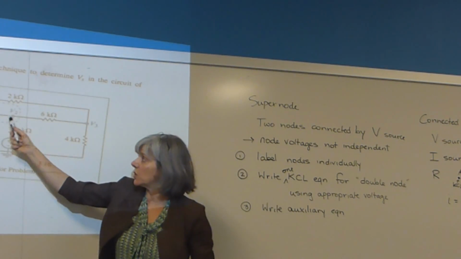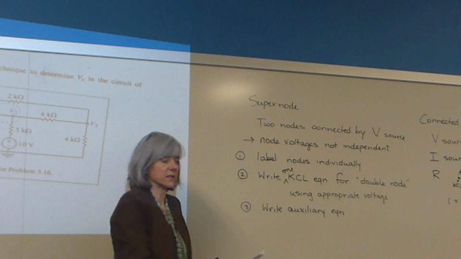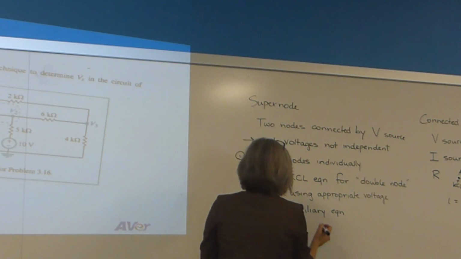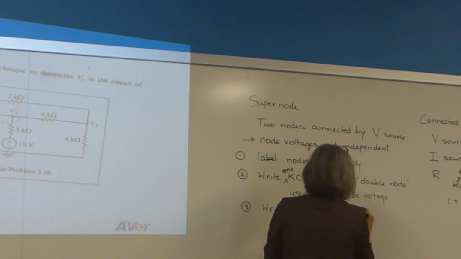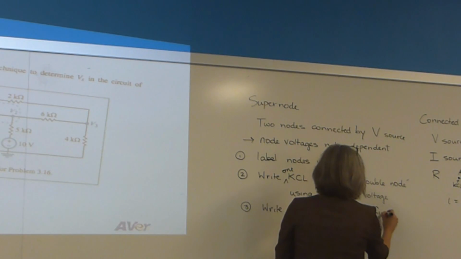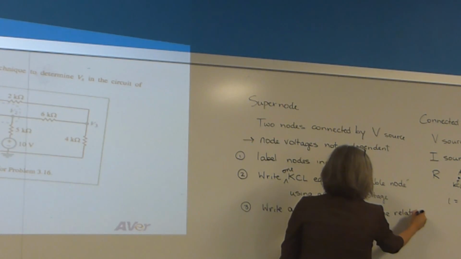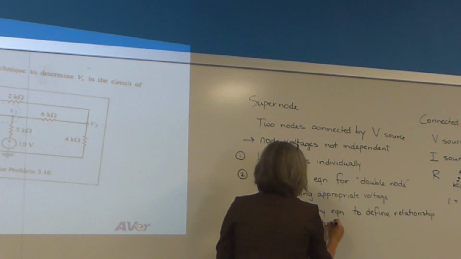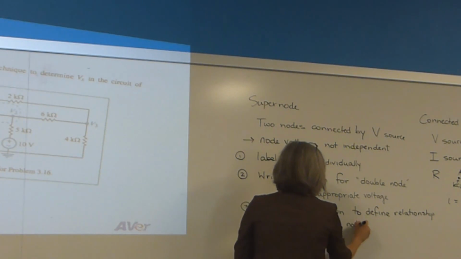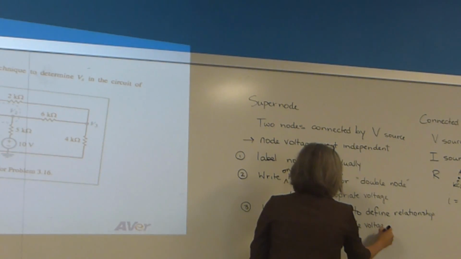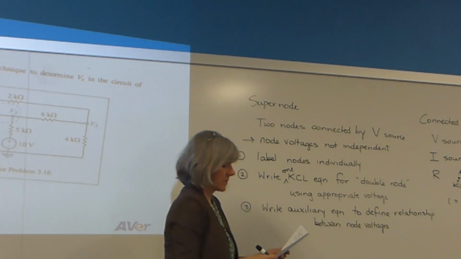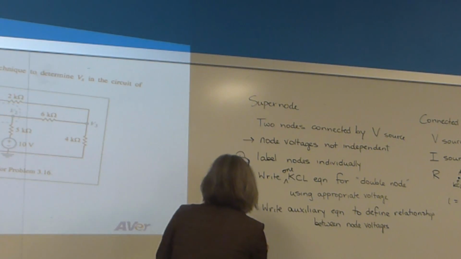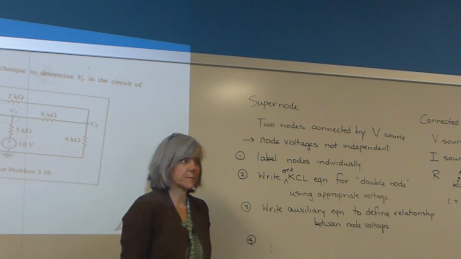So I know that V sub 2 is 6 more than V sub 1, so I can write that as an equation to define the relationship between the node voltages. And then solve as usual. Now we have two equations, two unknowns, crank it out. Same process.